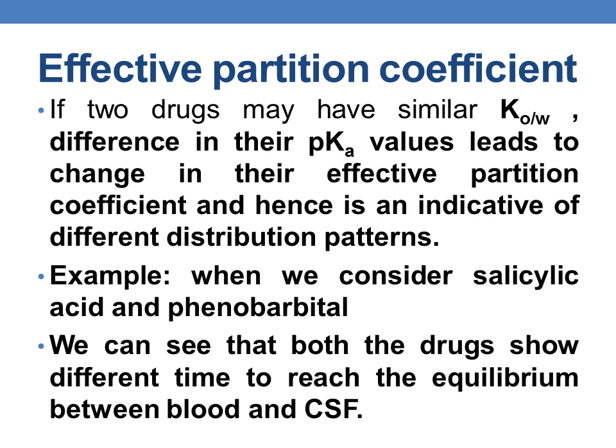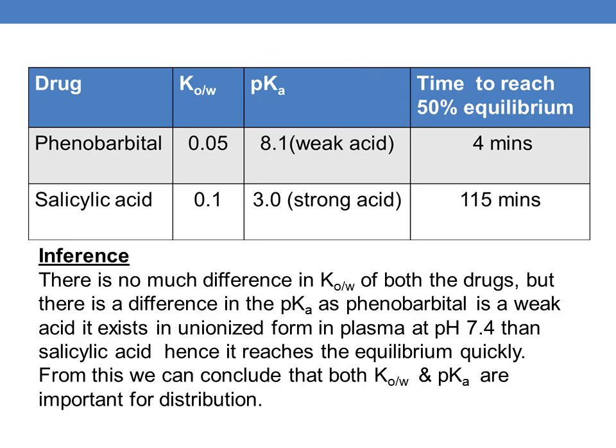For example, when we consider salicylic acid and phenobarbital, both drugs show different times to reach equilibrium between blood and cerebrospinal fluid. The partition coefficient of both drugs is almost similar, but the time to reach equilibrium is different.